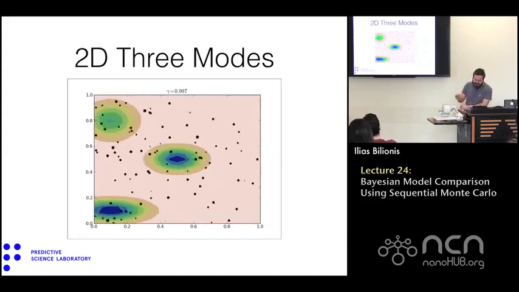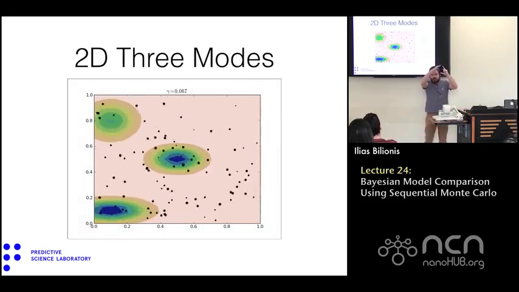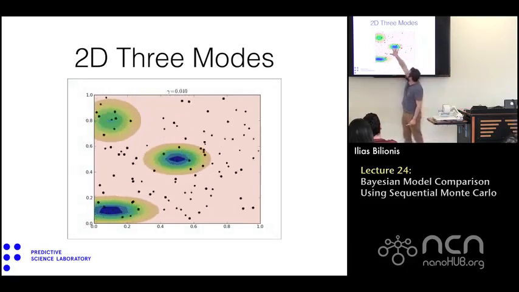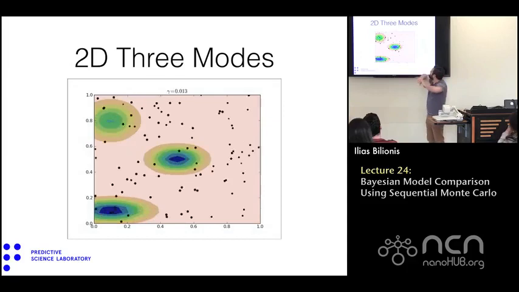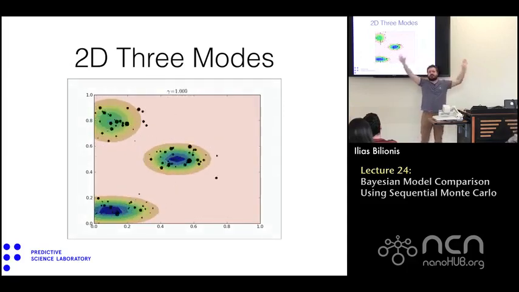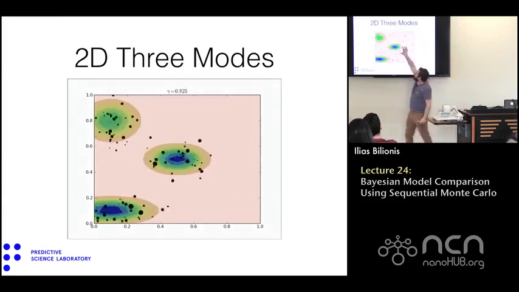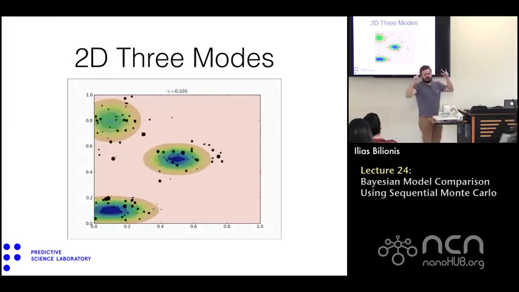All right. So this is in 2 dimensions. Again, the radius of the particles is the weight of the particles, and I'm trying to sample from a distribution that has 3 modes. Okay, so these are the 3 modes. You see the contour of the distribution, and initially you start with a gamma that is 0, with the particles distributed all over the place, and then as you increase gamma, the particles are attracted by the modes, and they will be captured there in just the right proportions.